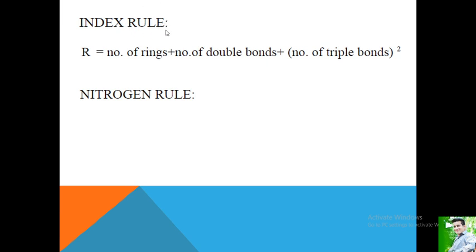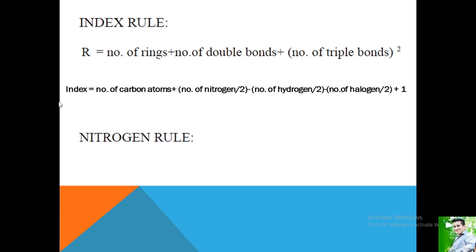Calculation of the index for a compound containing C, H, O, N, S, X, where X is the halogen: index is equal to the number of carbon atoms plus the number of nitrogen atoms divided by 2, minus the number of hydrogen divided by 2, minus the number of halogen divided by 2, bracket complete, plus 1. So we can see the formula this way.